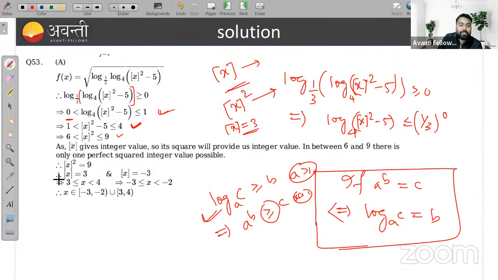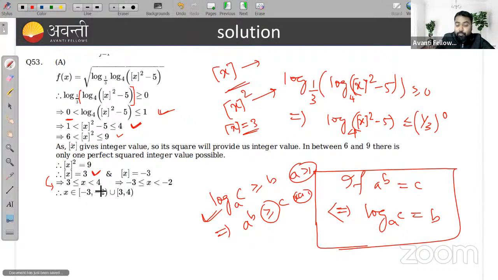Then by solving this inequality, greatest integer of x, we are getting here 3. So for which values of x will the greatest integer function of x be 3?